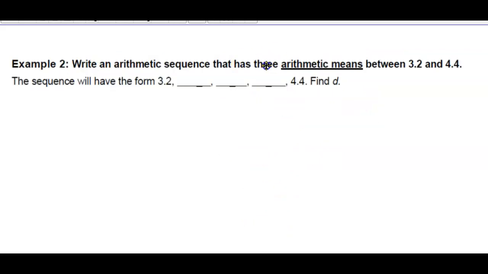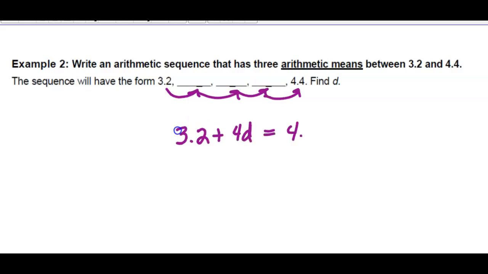Now, write an arithmetic sequence that has 3 arithmetic means between 3.2 and 4.4. So there are some missing terms in here. But the trick is, if there are 3 missing terms, it means they actually added the difference 4 times to get to 4.4. So we're just working backwards.